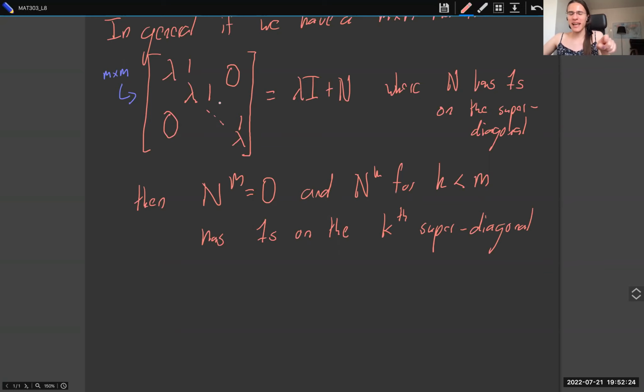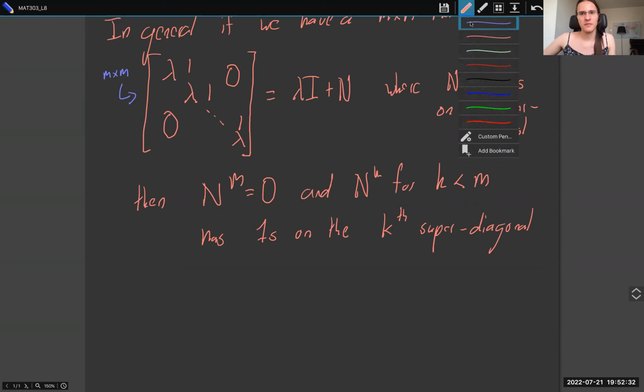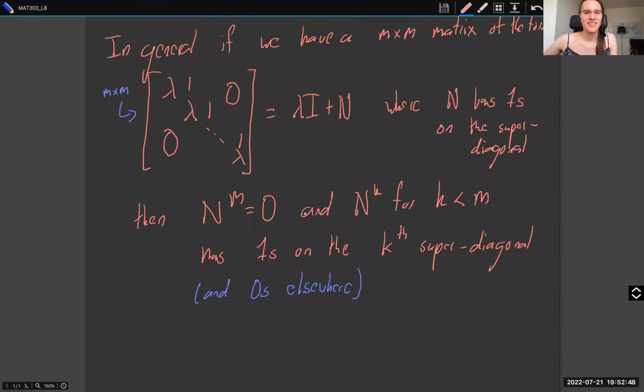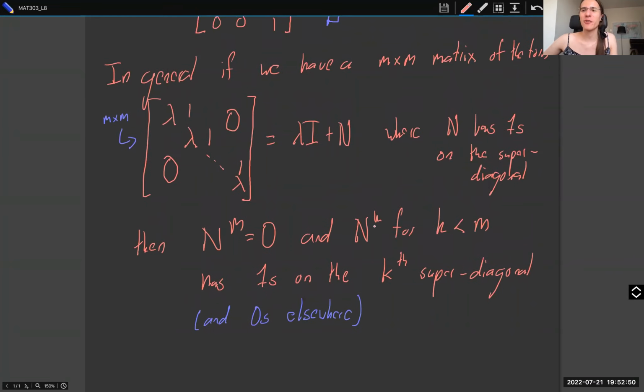The first superdiagonal is the superdiagonal. The second superdiagonal is ones just above this, and zeros everywhere else. This does not hold for negative powers, by the way, because N is not invertible in the first place, so there are no negative powers.